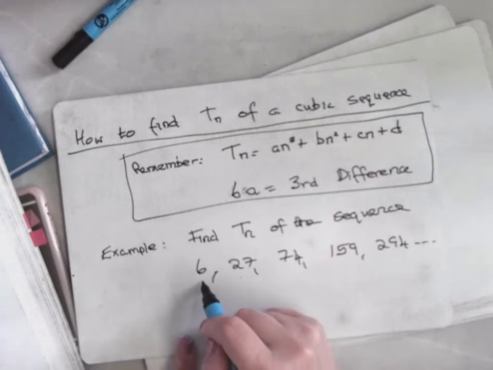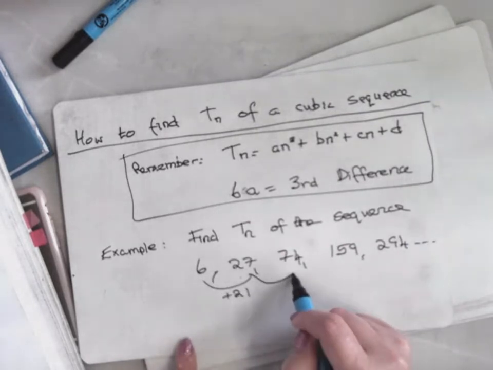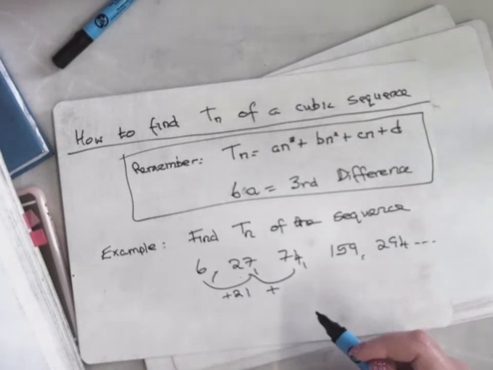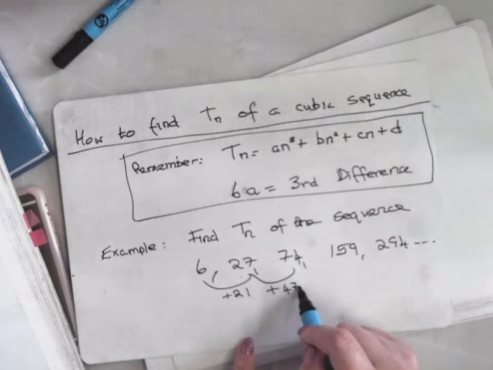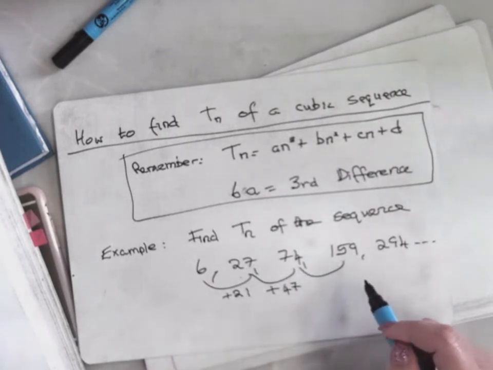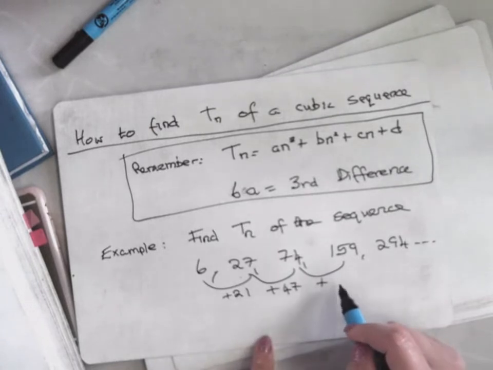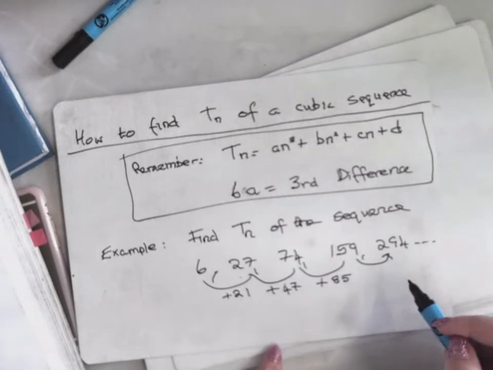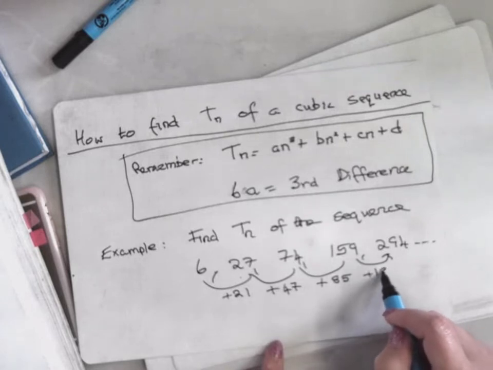First difference: 6 to 27 is plus 21, 27 to 74 is plus 47, 74 to 159 is plus 85, and 159 up to 294 is plus 135.